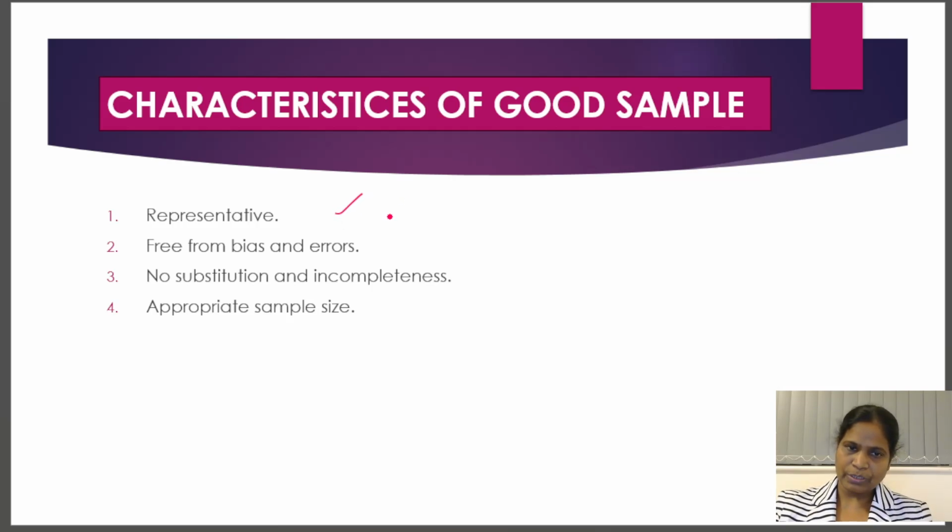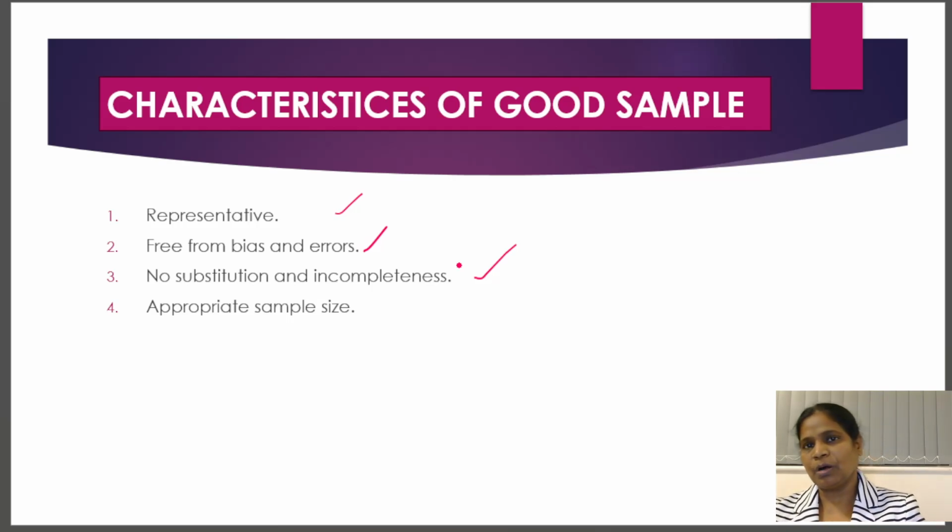Coming to characteristics of a good sample: representativeness. The sample should represent the population on whom we want to study, free from bias and errors. I said over representation or under representation. Then no substitution and incompleteness of the study. Suppose when we are conducting a study, participants take part and try to leave in the middle of the study.